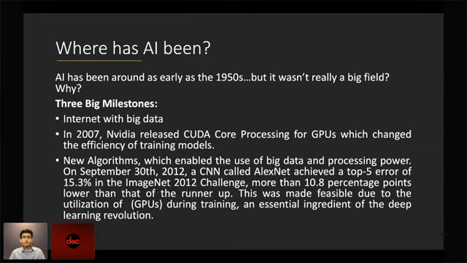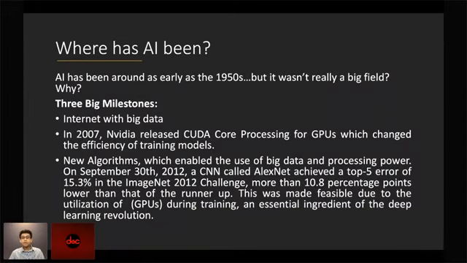Third, then, is new algorithms. These new algorithms were enabled from the use of big data and the processing power that came from CUDA core processing. An example is in 2012, there was a CNN called a convolutional neural network, which we'll discuss at the end of the presentation. It was called AlexNet and achieved an accuracy that was much higher than the other algorithms at the time.